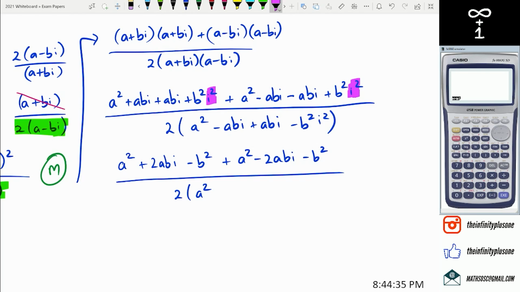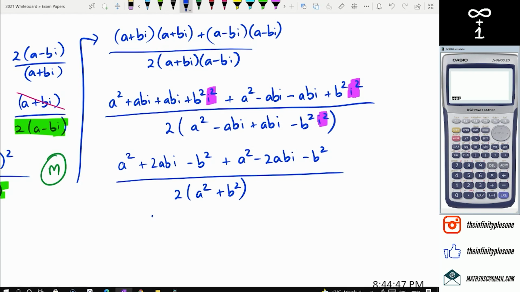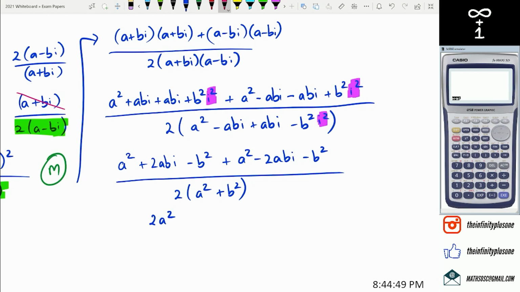Oh, we've got another i squared here. So that abi and abi is going to disappear, and we're going to get plus b squared. Okay, now if we look at the top, the numerator, we've got 2a squared, because these two things cancel out, minus 2b squared over 2a squared plus b squared.